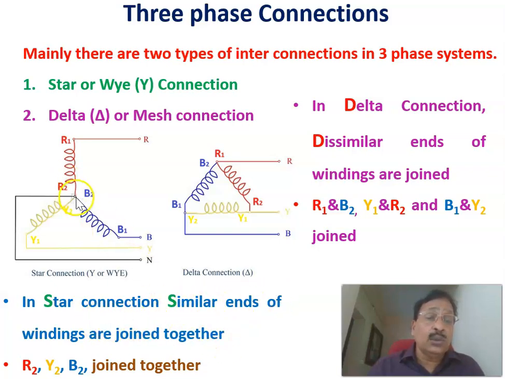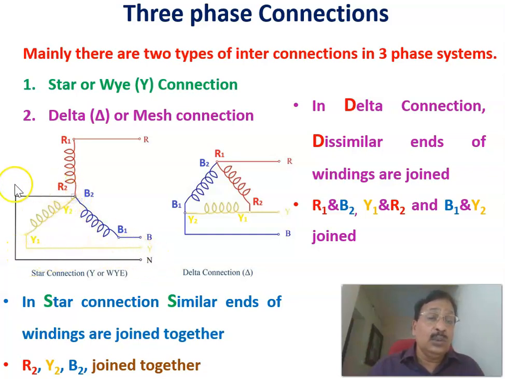Here, R2, B2 and Y2 are joined together. And here, this is the phase R, this is the phase B and this is the phase Y. Therefore, these are the three R, Y, B phases, and the finishing ends R2, B2 and Y2 are joined together. Similar ends are joined together, and that point can be connected, or that line can be taken as a neutral wire.